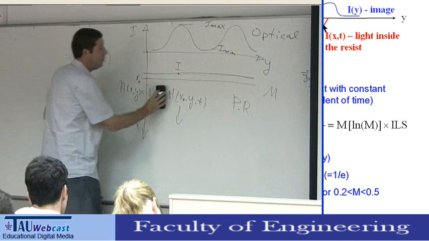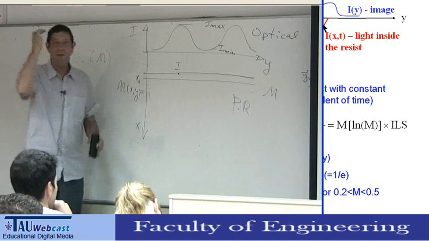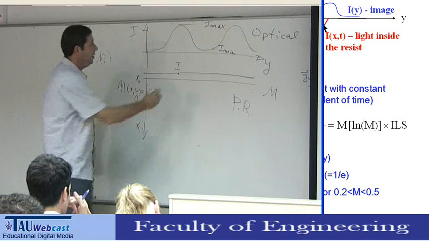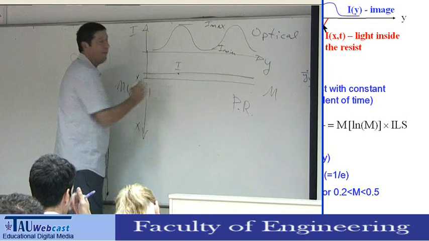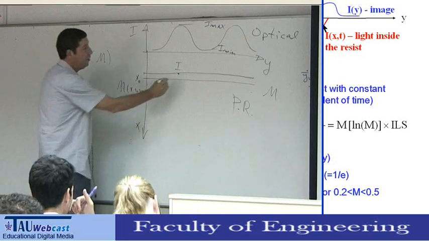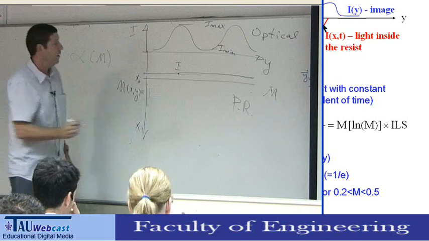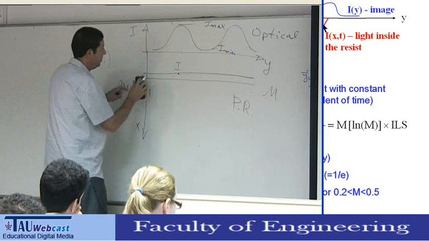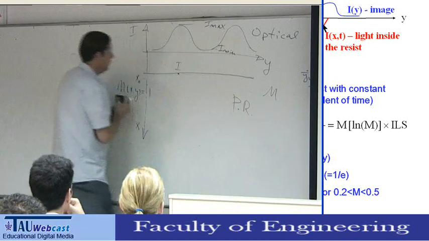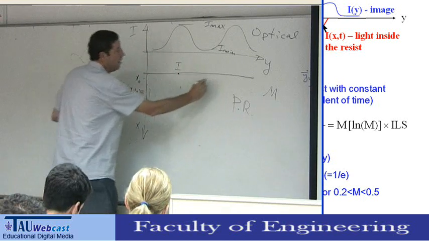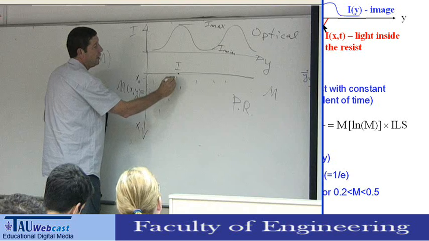Now let's do this experiment initially in our head, without solving the equation. Here I have a lot of light. So here we destroy the photoactive compound more rapidly. So imagine that initially the concentration everywhere was 1, 1, 1, 1, 1. Here the concentration becomes 0.9.